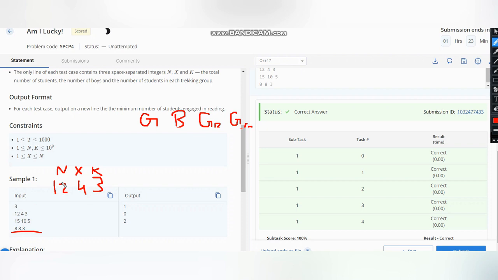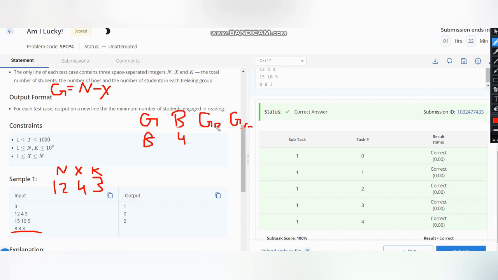If N is 12, X is 4, so the number of girls is 12 minus 4. So first of all, the number of girls G is N minus X. So now girls are 8, boys are 4.